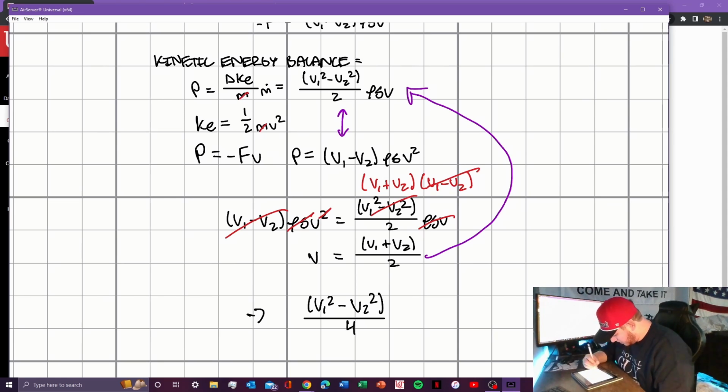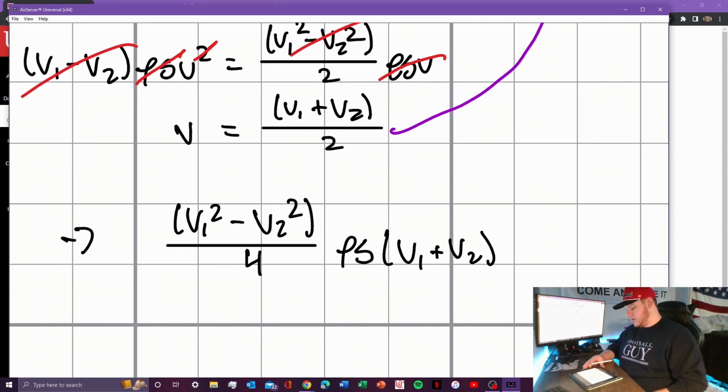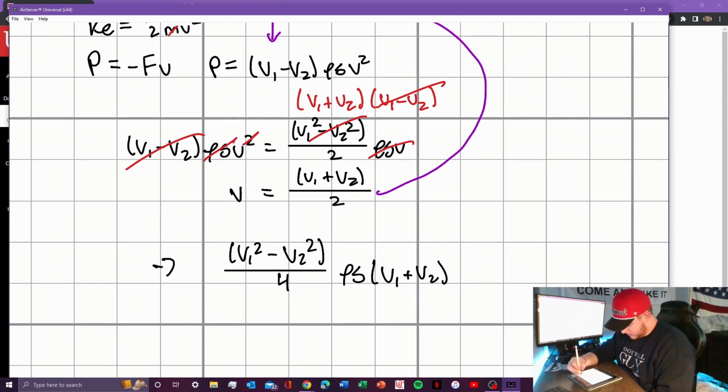Since we're coming in with another 2 here, just bump that to 4. And that's going to be rho s times V1 plus V2. Boom, boom, I like it. So this is power. So we're plugging into that power equation there.